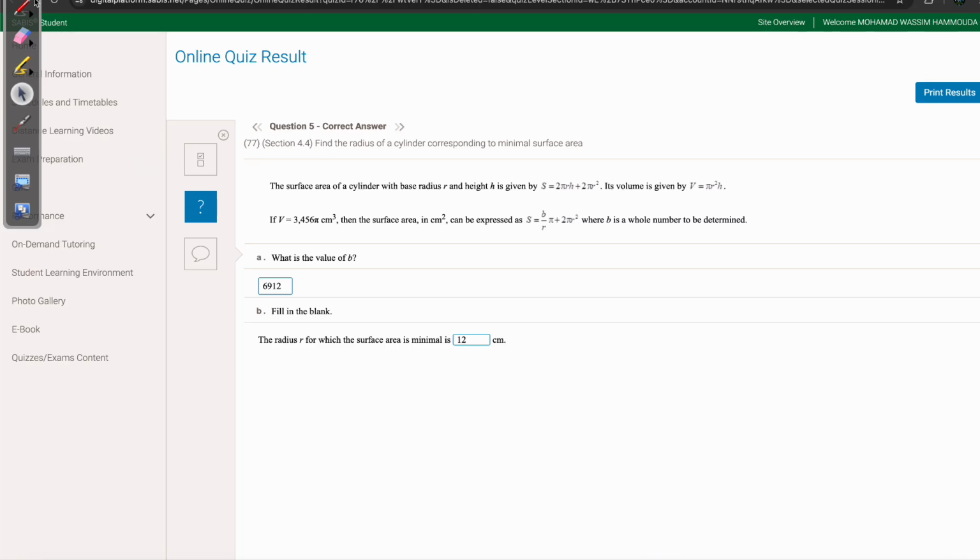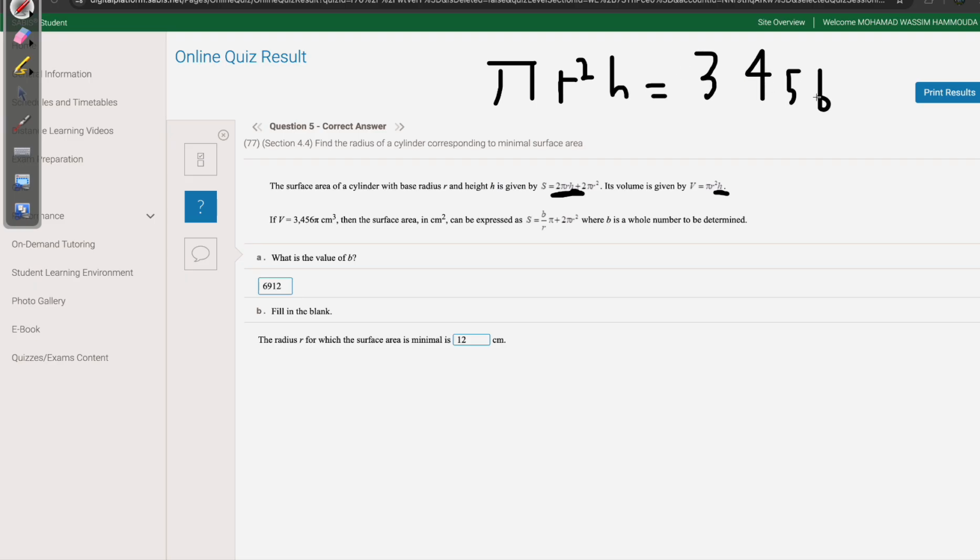So first, okay, we need to find the height. So we can substitute it in this equation. Okay, and they already gave us the volume. So pi r squared h is equal to 3456 pi.